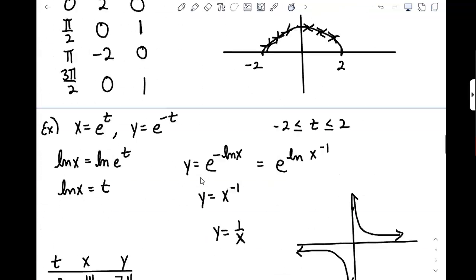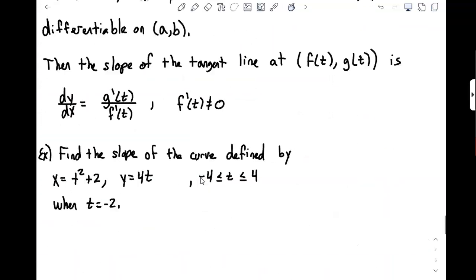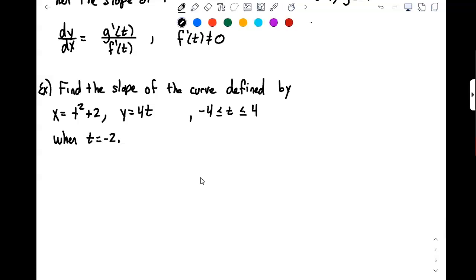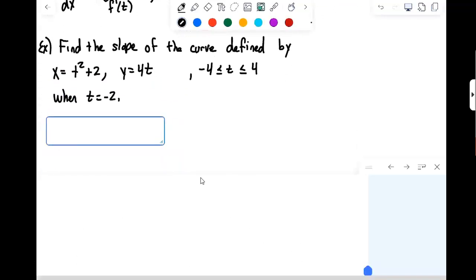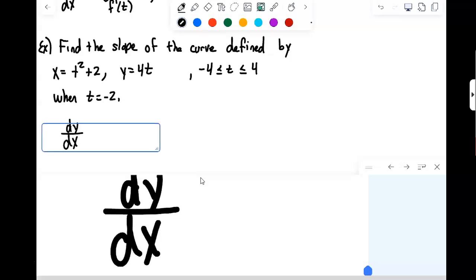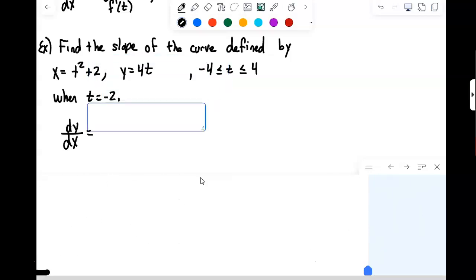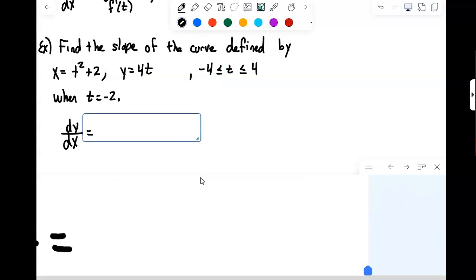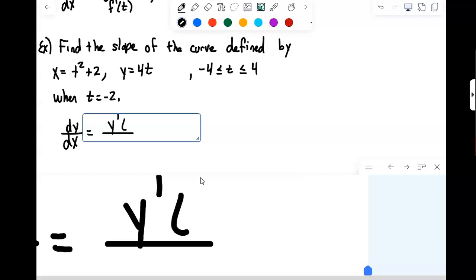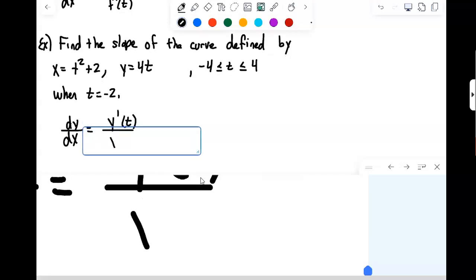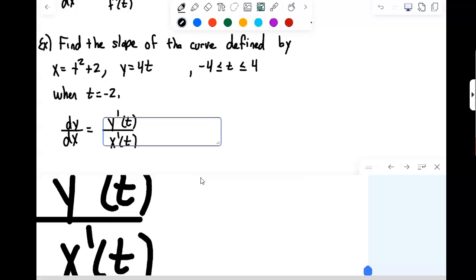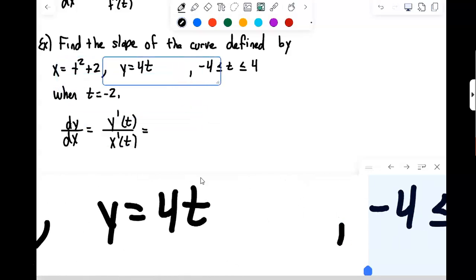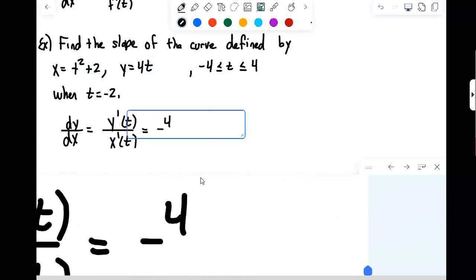So let's use our process. We would take dy dx is equal to y prime of t over x prime of t. Y prime of t would just be 4.